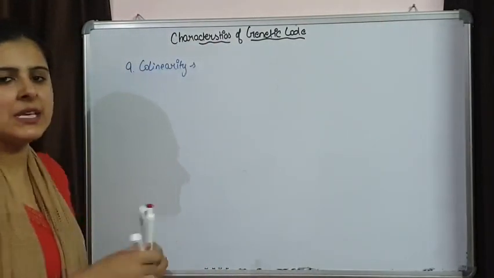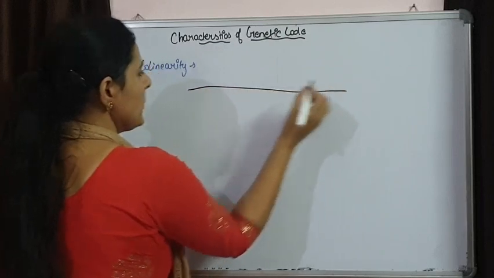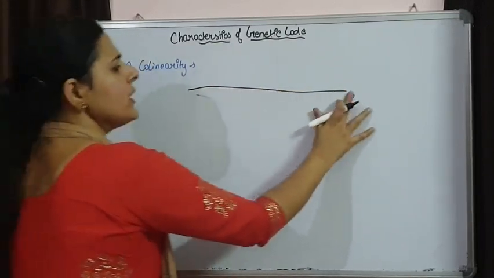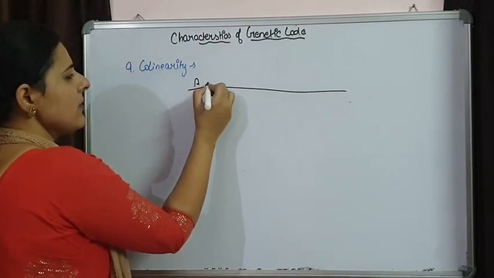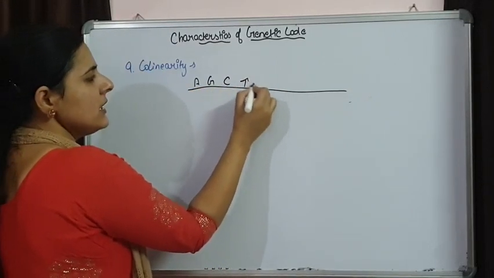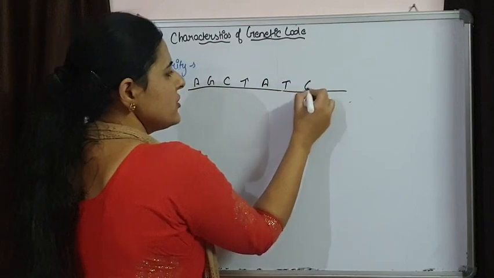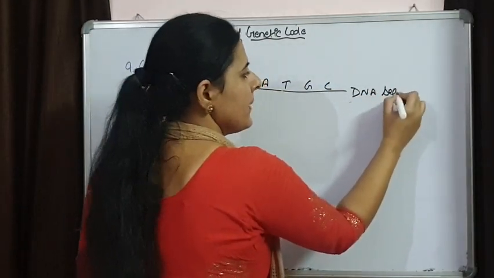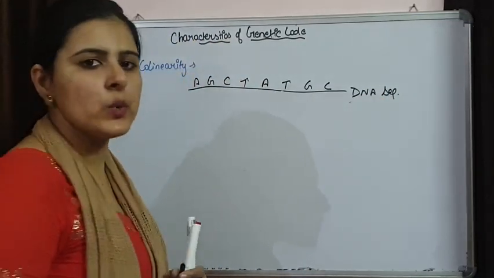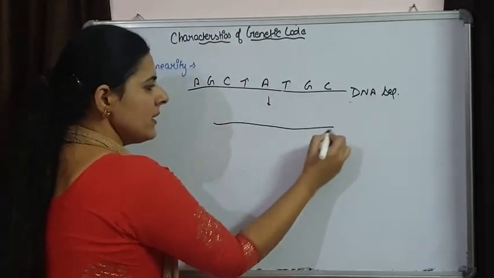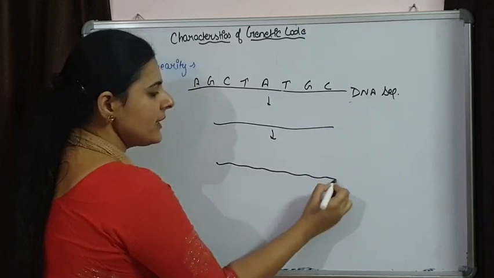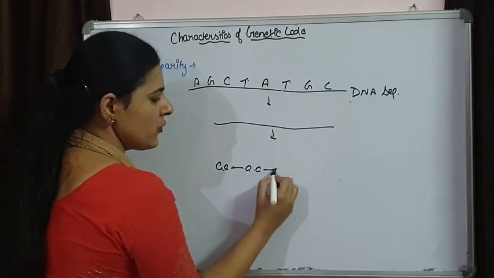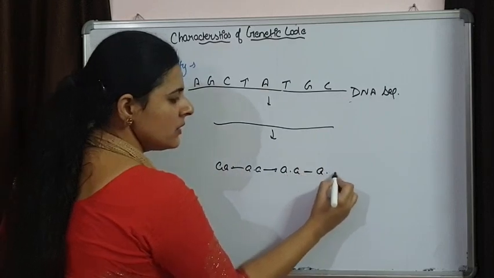That simply means, suppose this is a DNA sequence, 5 prime to 3 prime end, or we just generally talk about a normal sequence that has A, G, C, T, A, T, G, C. This is a DNA sequence. Now this DNA sequence will be coded into mRNA and finally it will be coded into a chain of amino acids. This is how a chain of amino acids will be formed.